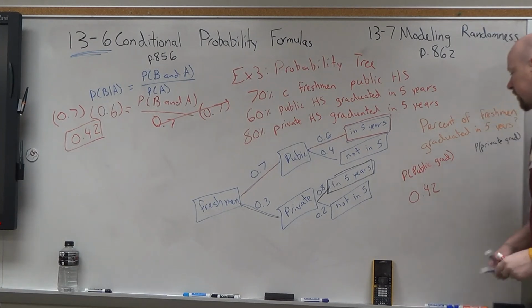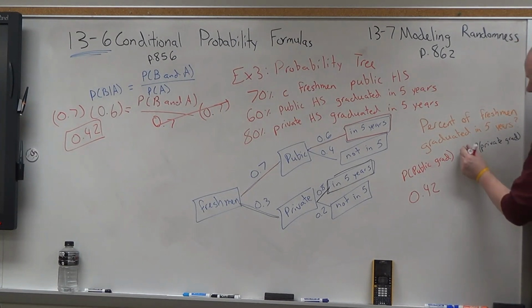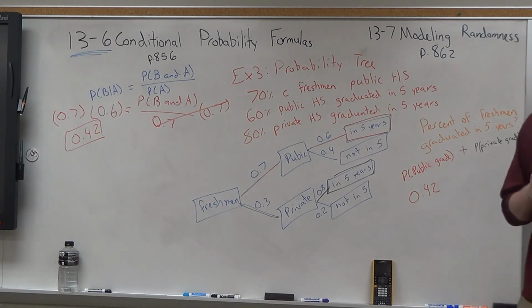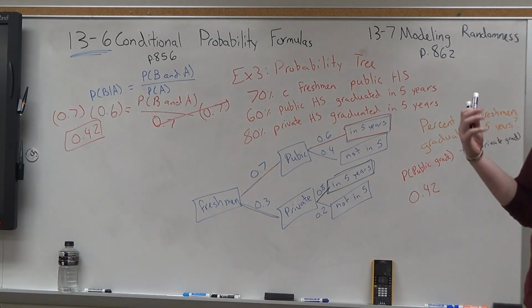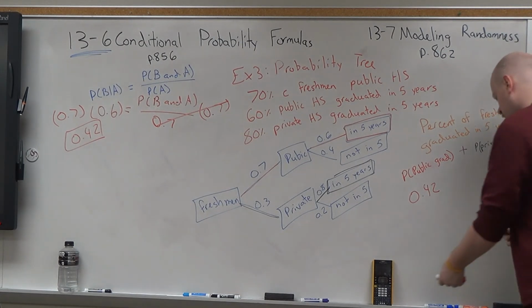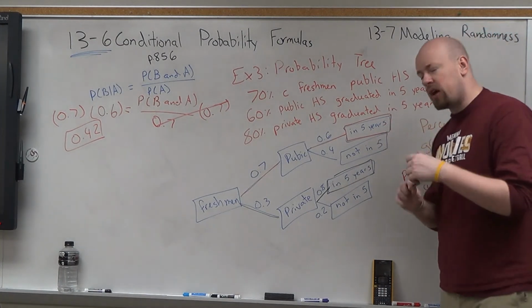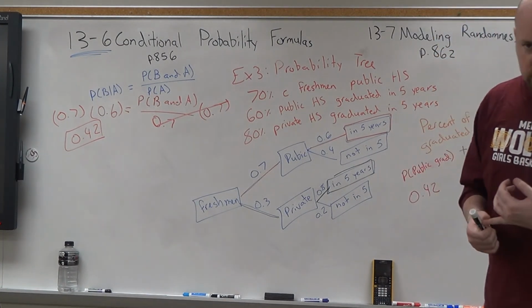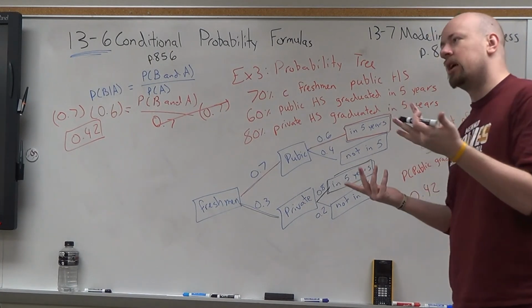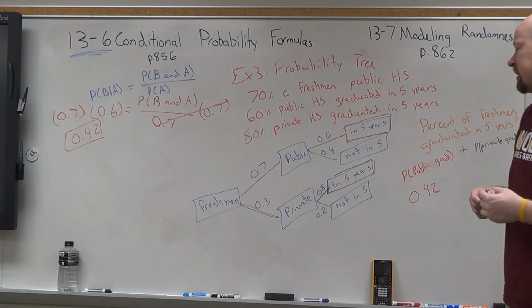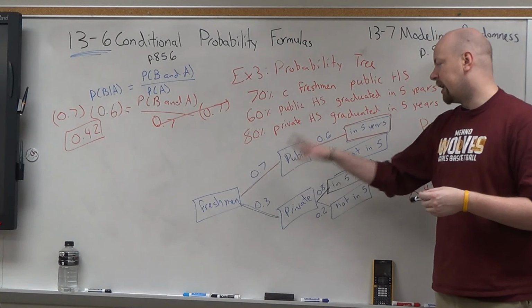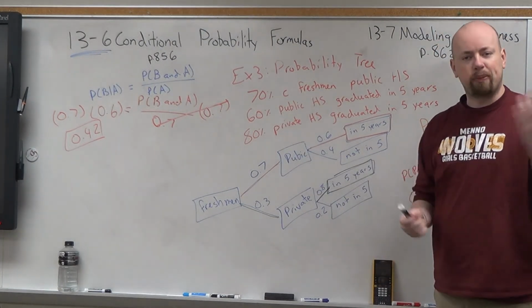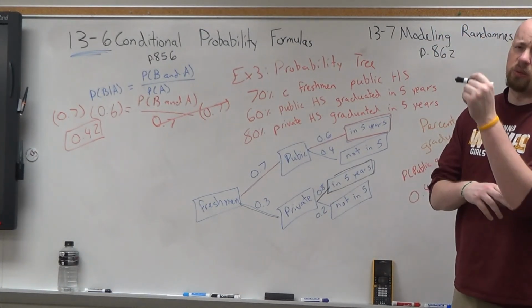Well, with those two numbers, we are going to add them together, because for the probability of them graduating school, we just need to lump them in those categories. And colleges do stuff like this all the time to figure out where they're getting their incoming freshmen, so they can better prepare. And obviously, high schools do the same thing, where they see the percentage of their kids who go off and how they can better prepare them, especially private schools. Private schools do that all the time.